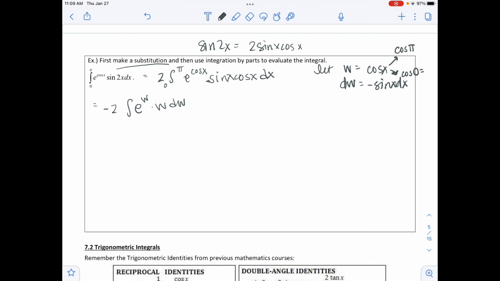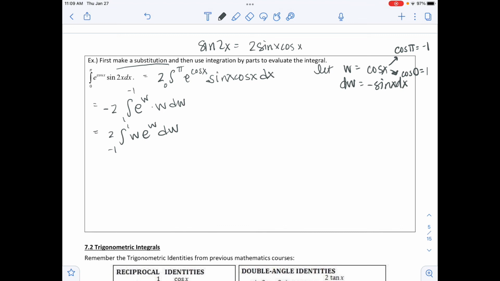Cosine of 0 is just 1, and cosine of pi is negative 1. And I am able to switch those limits of integration and also switch the sign. And so this would now become positive 2 going from -1 to 1 of w e^w dw.